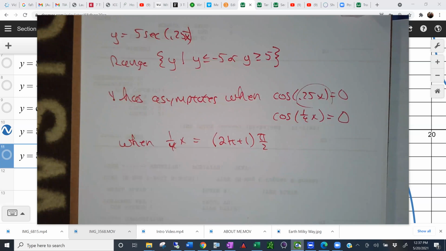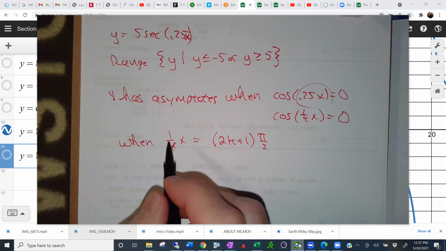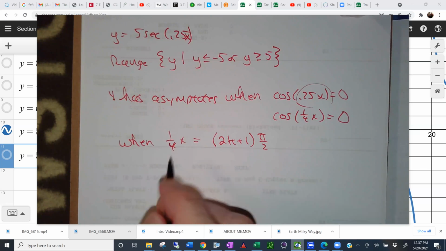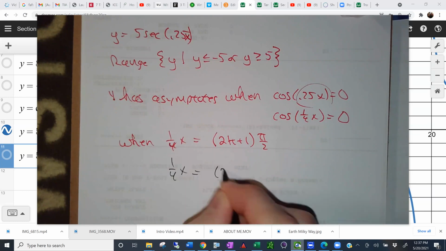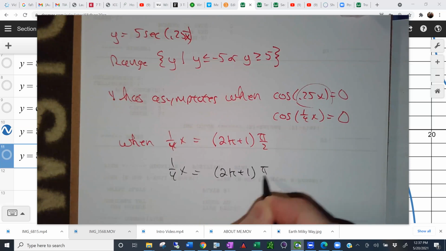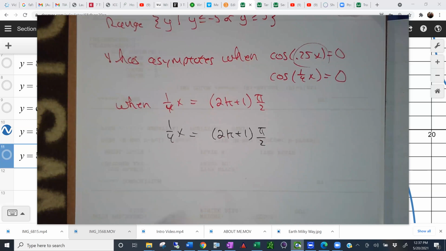How do I solve this? How would I solve for x? No one? Just help me get x by itself? It'll be 2k plus 1 pi over 2 times 4. Thank you.